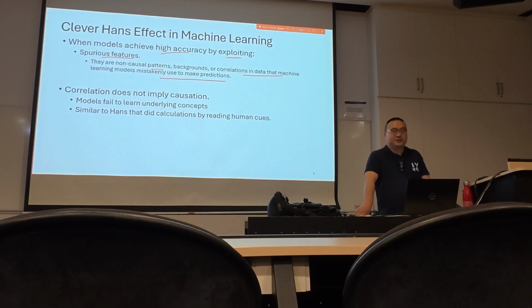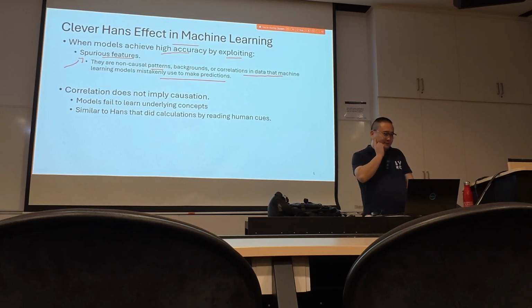If there is not enough light, then it is a dog. Yeah, it can generate 100% accuracy. However, this is just a cheating strategy because the model is using spurious features to do the task. The model does not learn the real task. It just uses the spurious features to make the predictions. And that is the Clever Hans effect in machine learning.